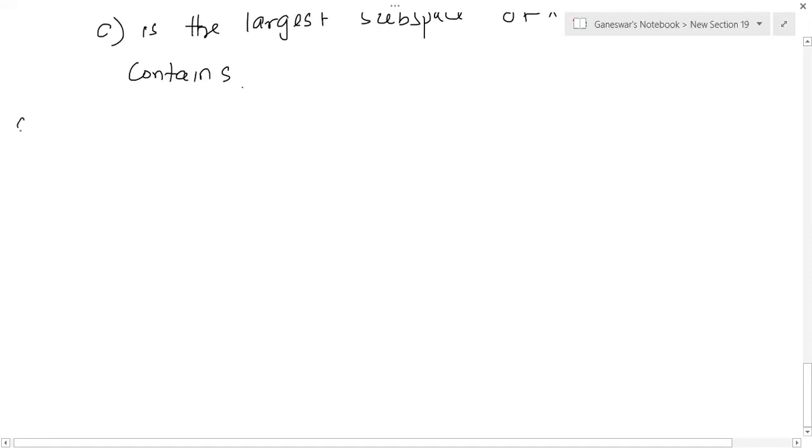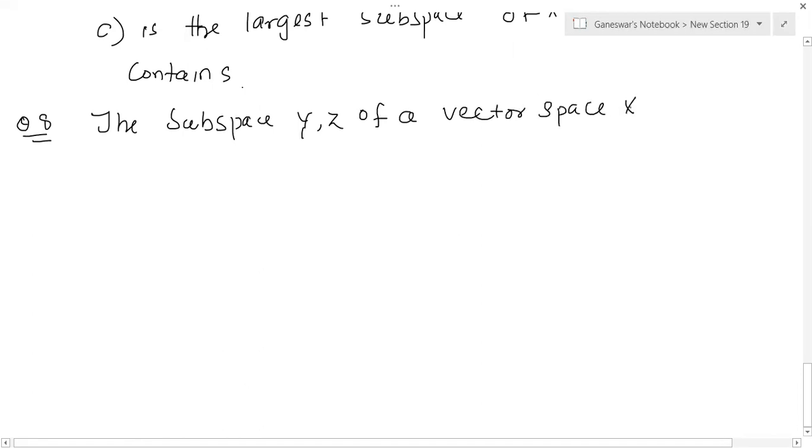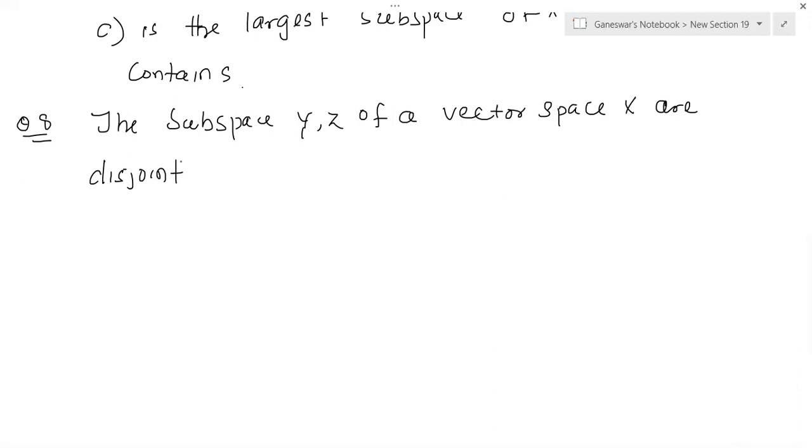Now just come to question number 8. The subspaces Y, Z of a vector space X are disjoint if, what is the condition?